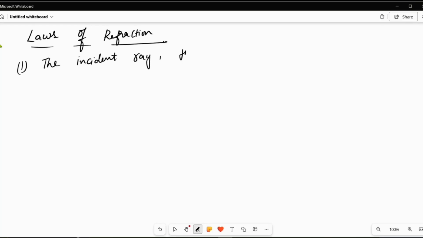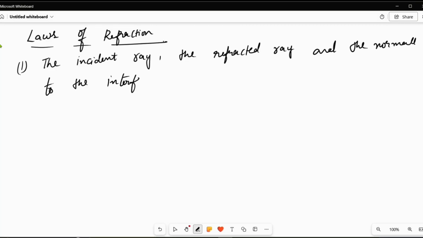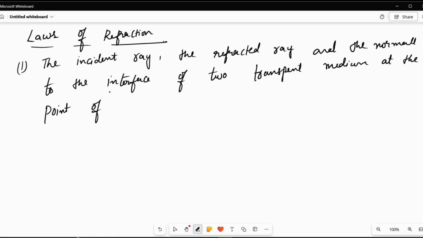The incident ray, the refracted ray, and the normal to the interface of two transparent media at the point of incidence all lie in the same plane.